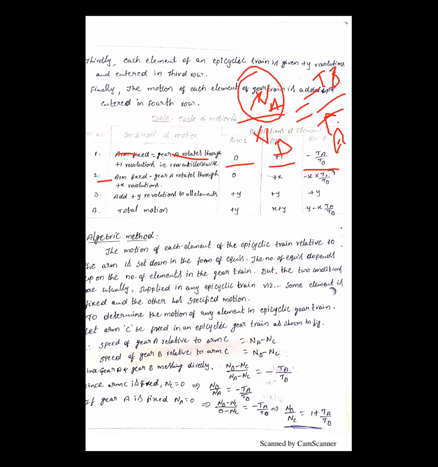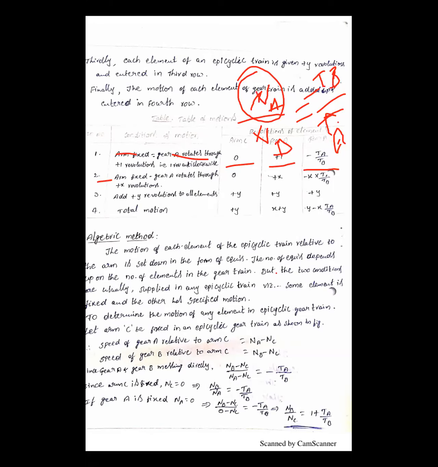So how do we find that? We already know one revolution speeds, so X revolutions means X multiplied by those revolutions. So that is 0, X, and minus X into TA by TB.